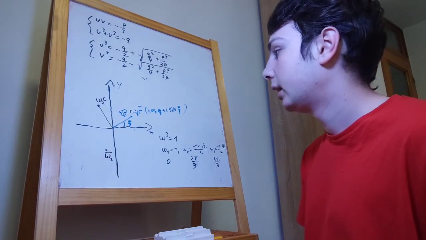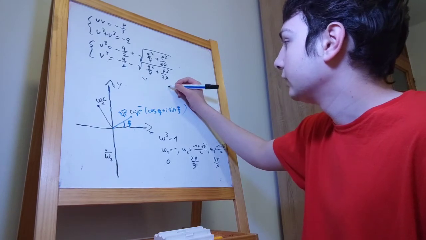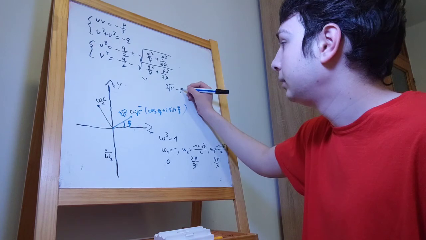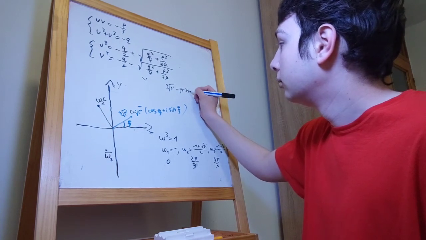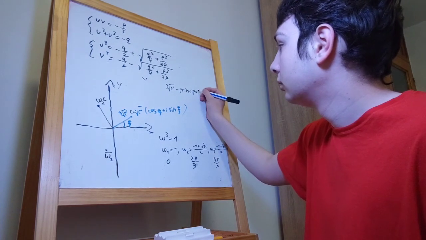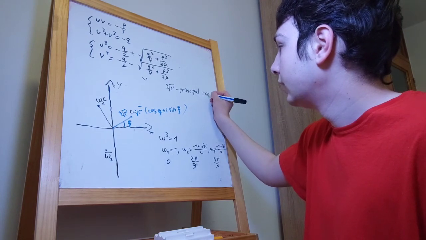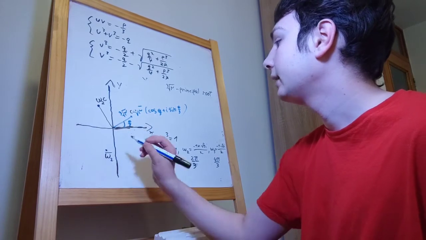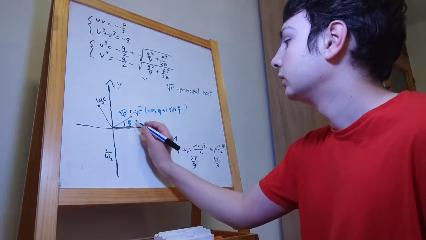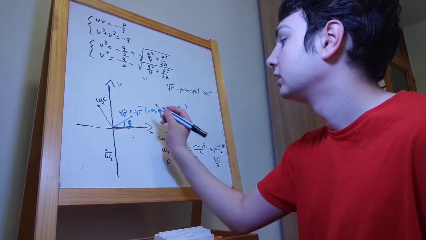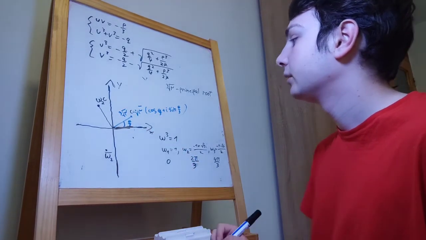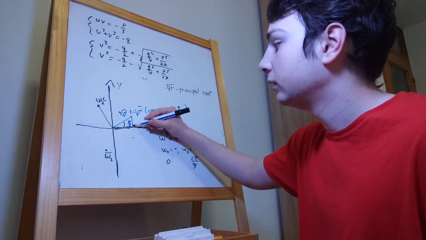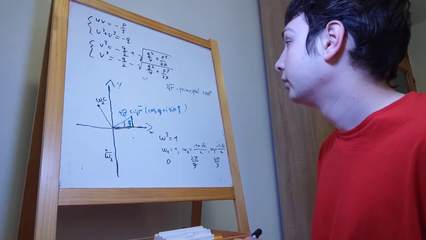So in the end, what we have is that cube root of r, if cube root of r is a principal root, that means the real argument is the greatest, and if it happens that there are 2 points which have the same maximal real argument, then we take the one with the positive imaginary part.